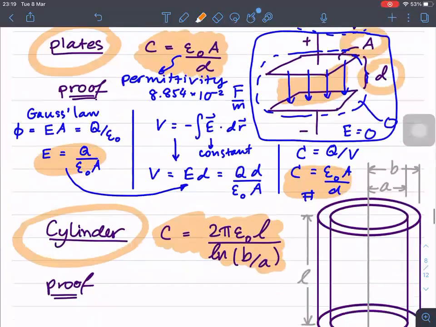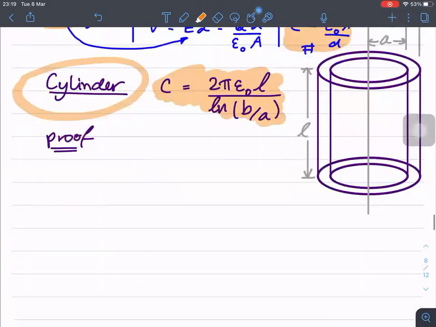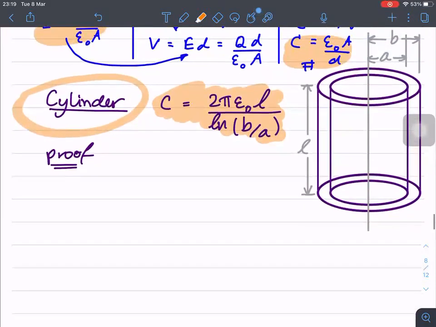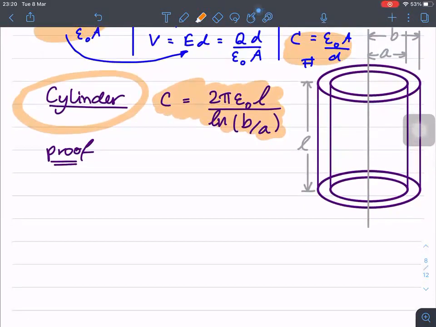Okay, so after that, to find the capacitance for the cylinder. Okay, so here I have a system that contains two cylinders. One is outside and another is inside.